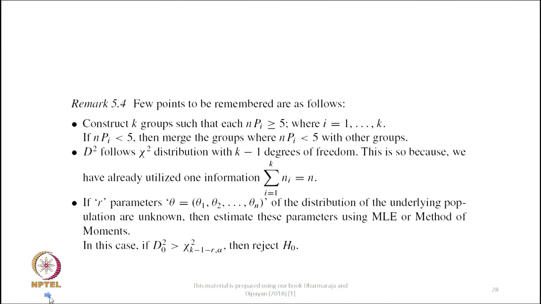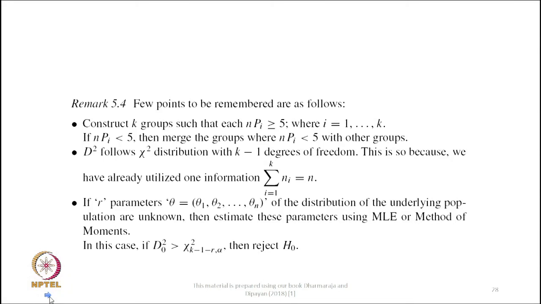Suppose you keep on creating many groups, when you compute, if the value is going to be less than 5, better you merge with the neighbor groups, so that after merging, in that group n times pi is greater than or equal to 5. That means you should not go for more k in which this n times pi is less than 5. You should avoid that. If it is more, does not matter.